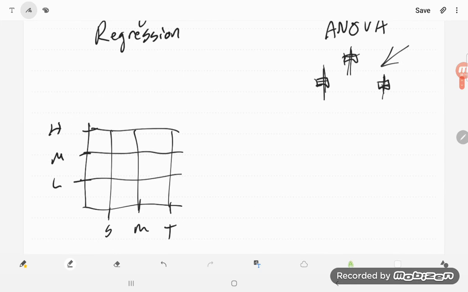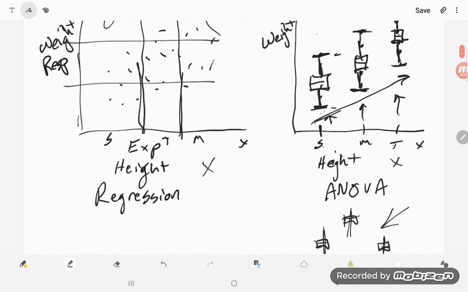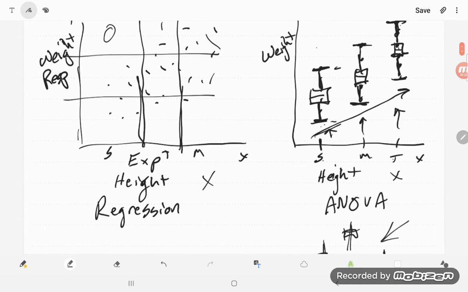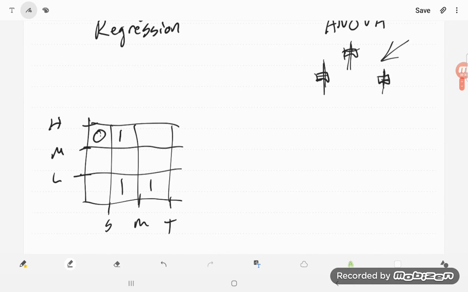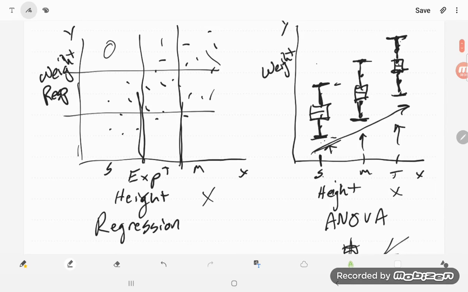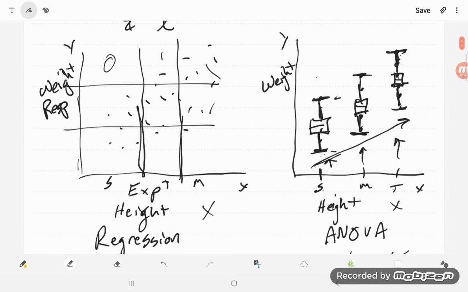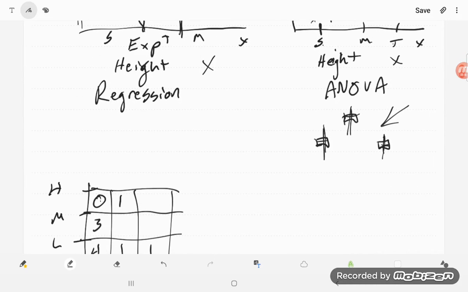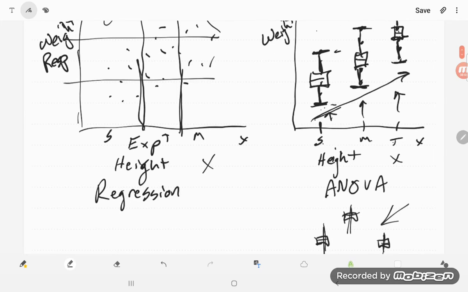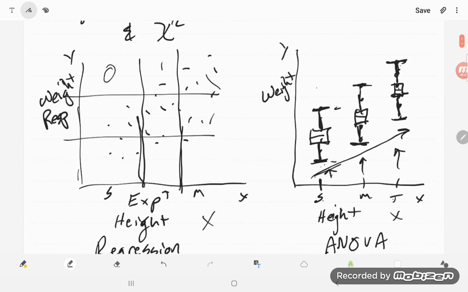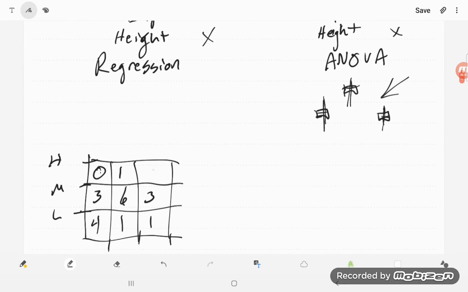So we see 0, 1, 1 there, 1 there. And we have more, so we'll call it 4 and 3, 4, 3, 1, 2, 3, 4, 5, 6. It looks like 6, and maybe 3 or 4 over here, so 6 and 3 there, I think it was, and then 2, 4, 6 up there.